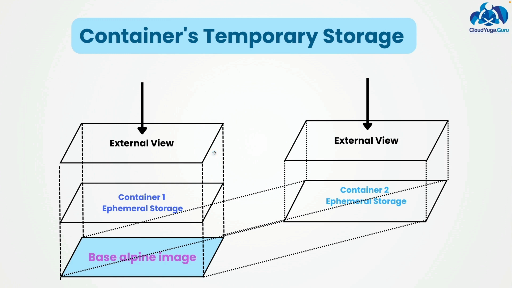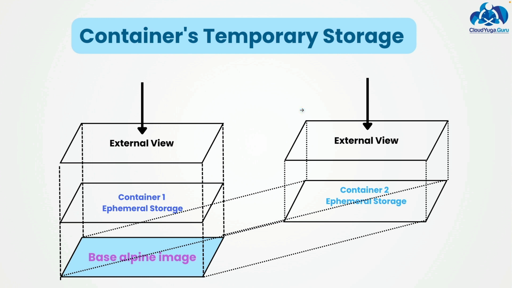As we discussed earlier, whenever we create a container it gets a temporary storage to work with. Whatever changes we are going to make or whatever writes we would do, it would be in this temporary storage only. And when we remove the container, the content of this temporary storage is also gone, which means we cannot have any persistent data in this temporary storage.